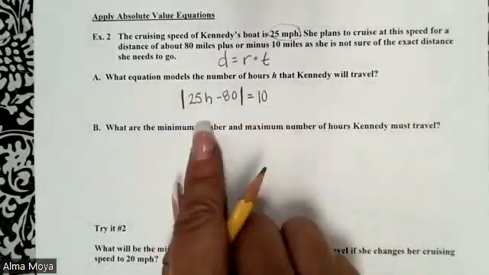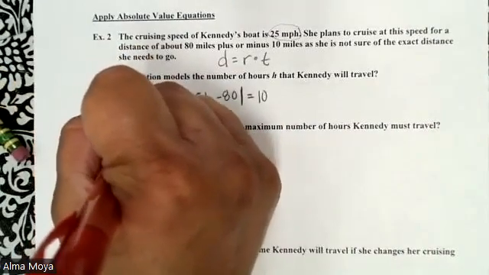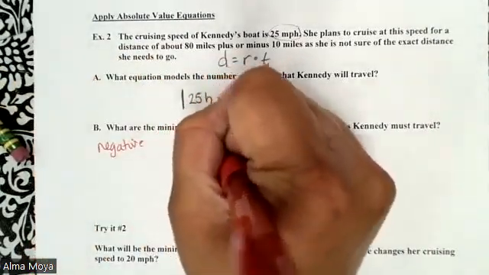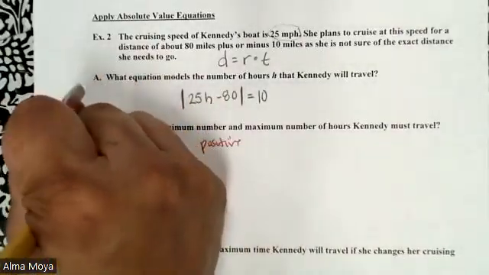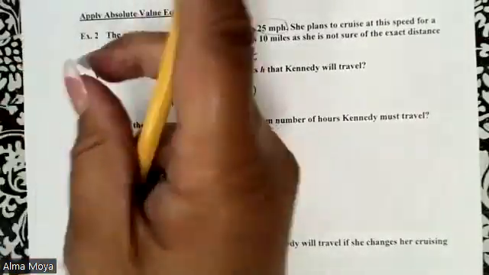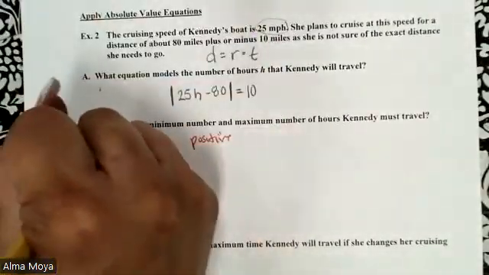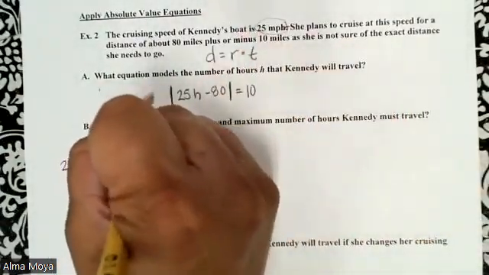Now, since that's the equation, remember, you're going to need to have a negative side and a positive side. So right here, I'm going to set 25h minus 80, and that has to equal a -10.